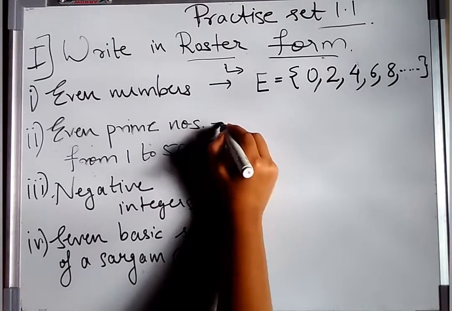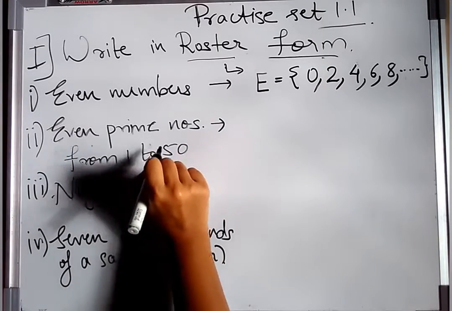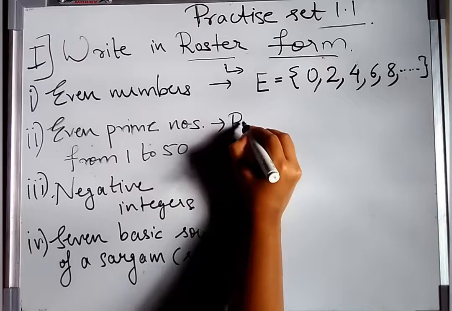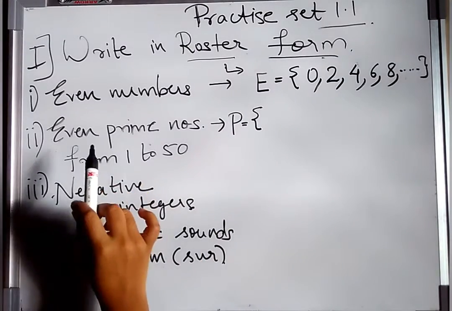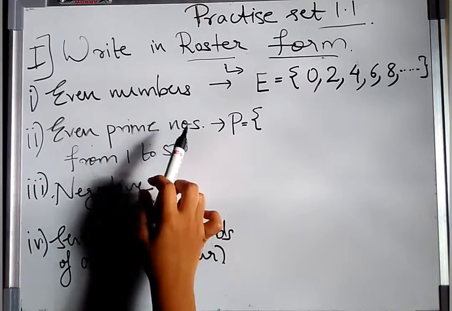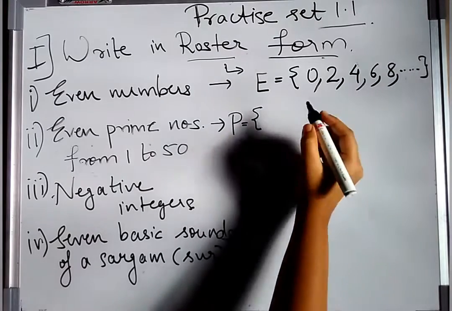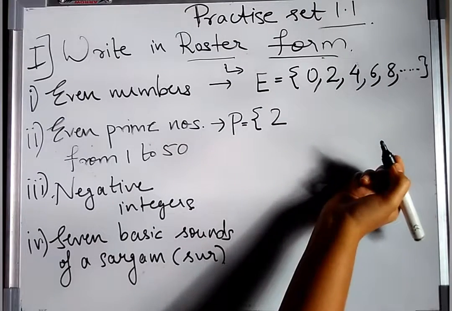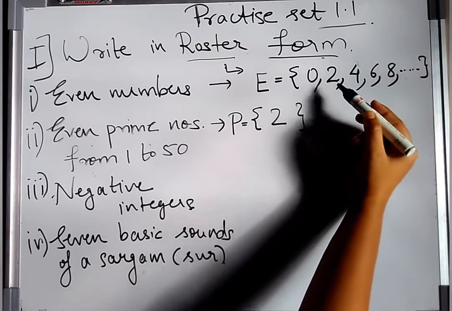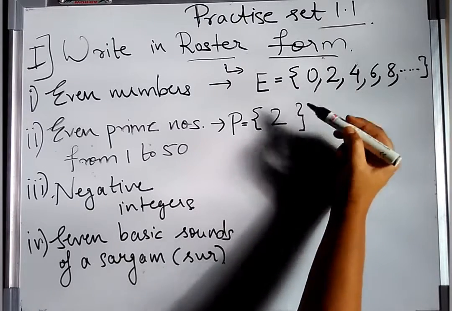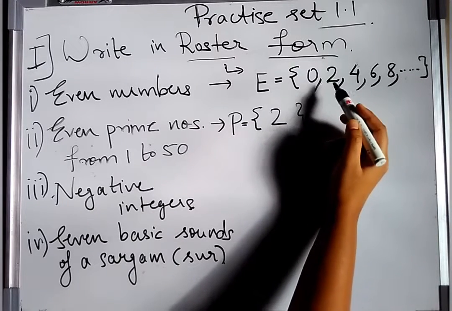Let's get to the next sub question. Even prime numbers from 1 to 50. So I will name the set using letter P. Now I have to list all even prime numbers from 1 to 50. Which is the only even prime number that exists? It is 2. Why is that so? Because 2 is an even number and it is also prime, because it has only one divisor other than itself.